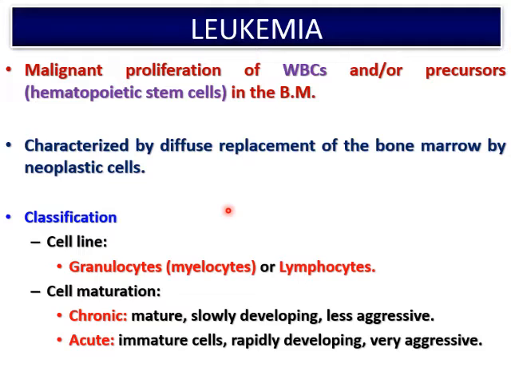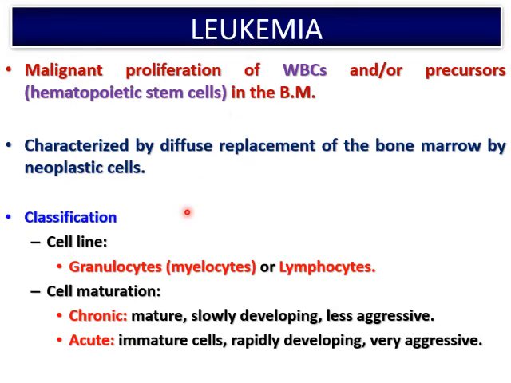We have two classifications of leukemia. The first is classification according to cell line. We have two types of leukemia according to this classification: granulocytic or myelocytic leukemia, or lymphocytic leukemia.